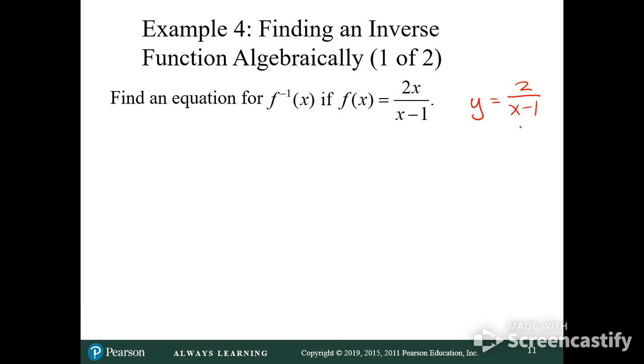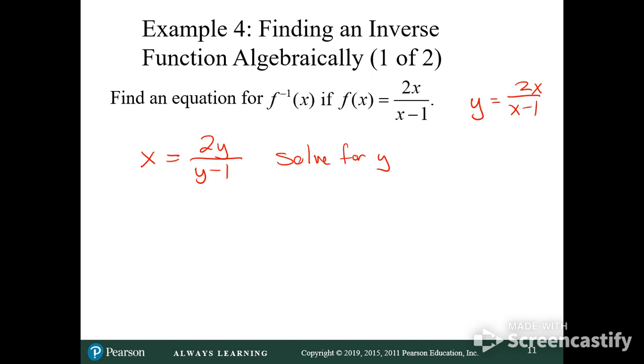When I want to find an inverse, I switch around the x and the y. So I say x equals 2y over y minus 1. And then I'm going to solve for y. So when you want to find an inverse, you switch x and y around, and you solve for y.